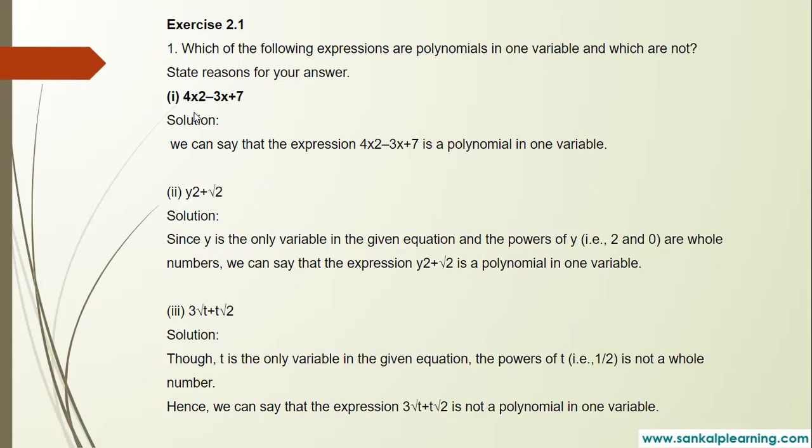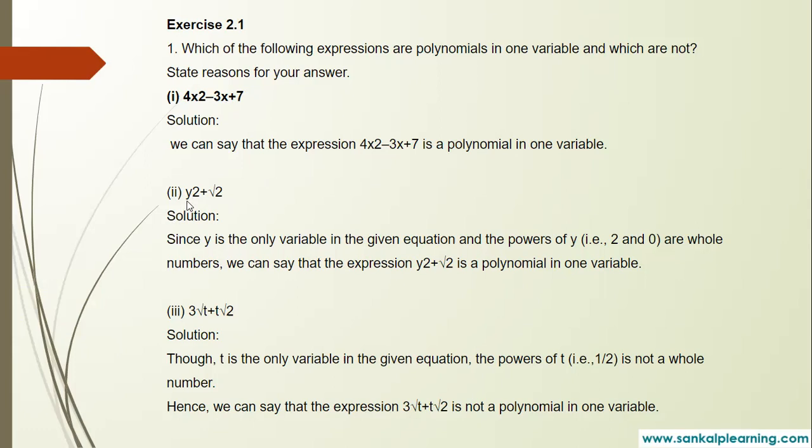Which are the variables here, children? Only x. So we can say the expression is a polynomial in one variable. Next, the second one: y square plus root 2. So how many variables are here?